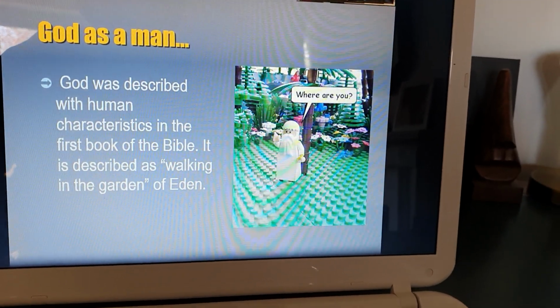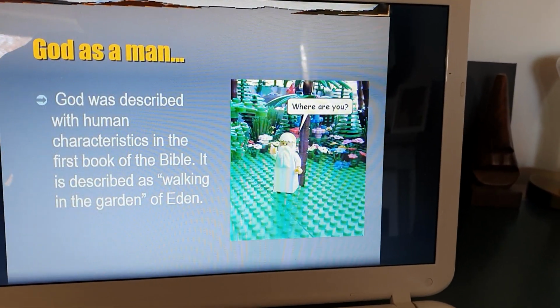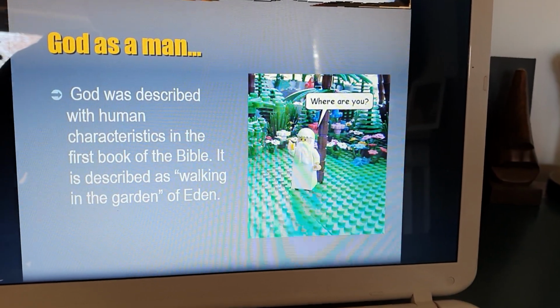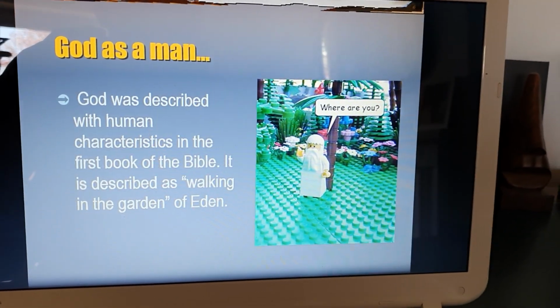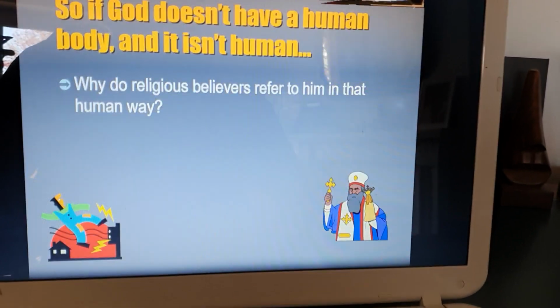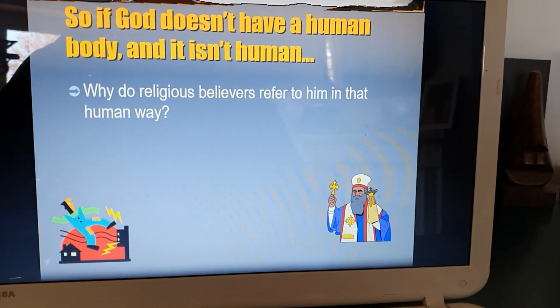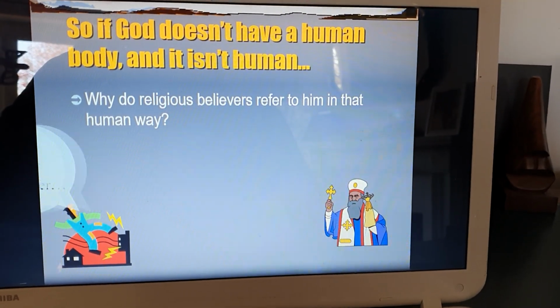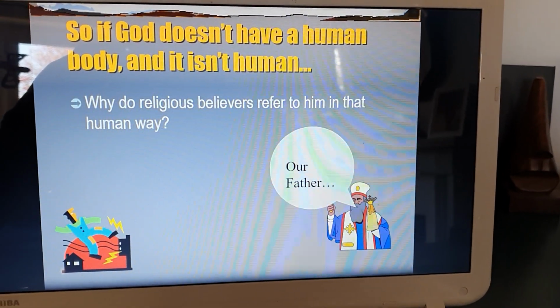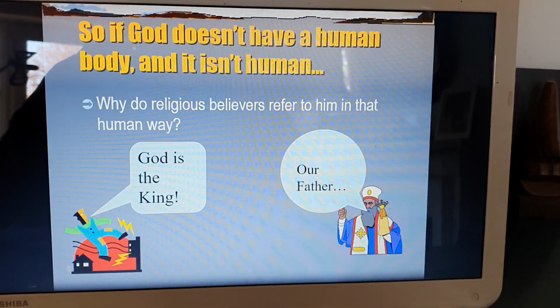So again, God is considered to be quite human-like, and God gets jealous when people start worshipping idols and things like that. So if God doesn't have a human body and isn't human, why do religious people refer to God in human ways, like saying God is our Father or saying God is the King?